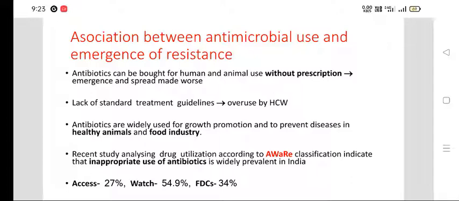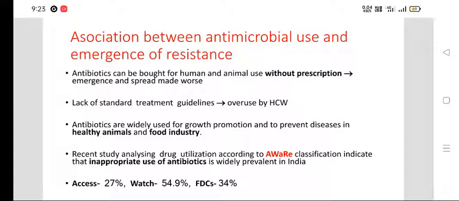Antibiotics are widely used for growth promotion and to prevent disease in healthy animals and in the food industry. Not only in humans, it is also given in animals and in farming or the food industry. A recent study analyzing drug utilization according to the AWaRe classification indicates that inappropriate use of antibiotics is widely prevalent in India.